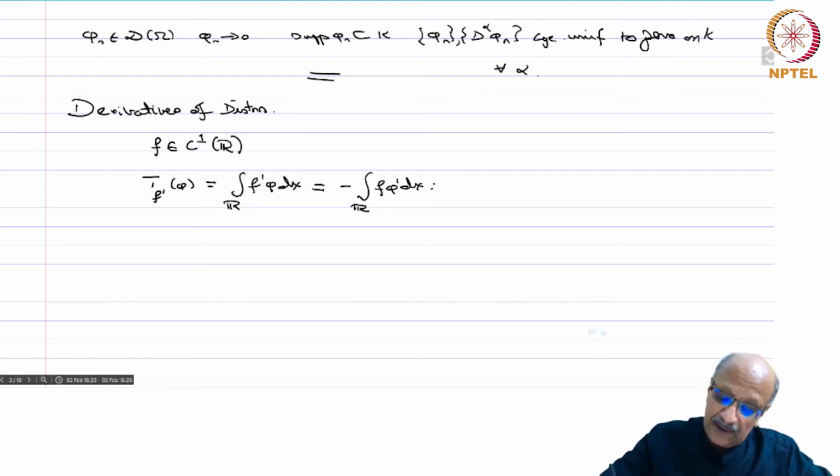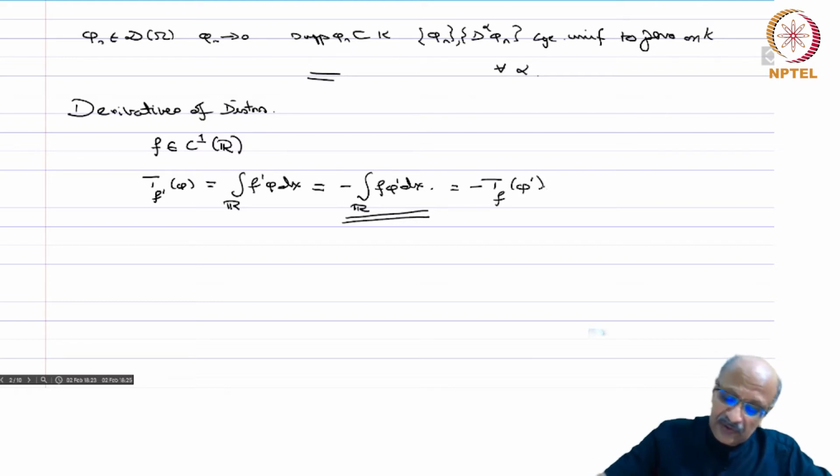If you look at this expression here, it does not have any reference to the derivative of f. All the onus of differentiation falls on phi, which is a C infinity function with compact support, and therefore it can be differentiated any number of times. So we use this fact. This is nothing but minus T f of phi dash.